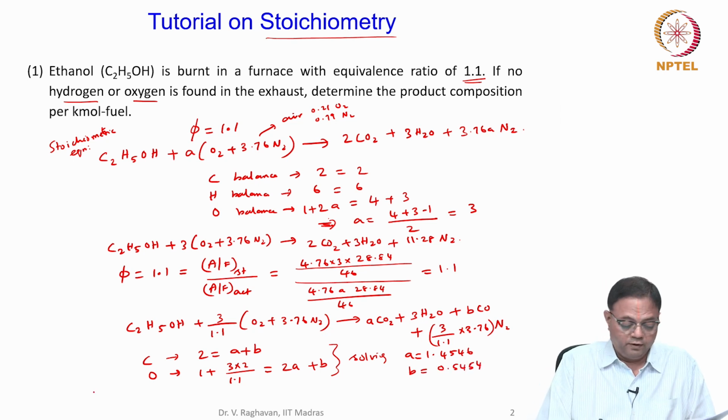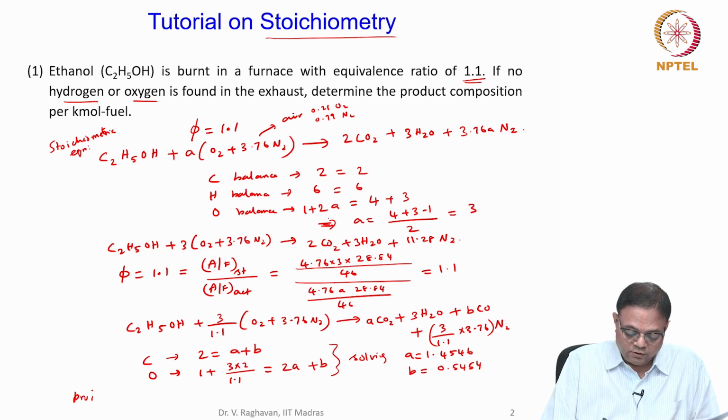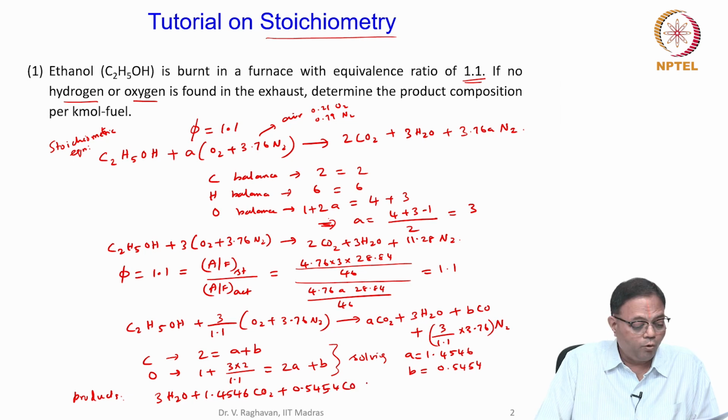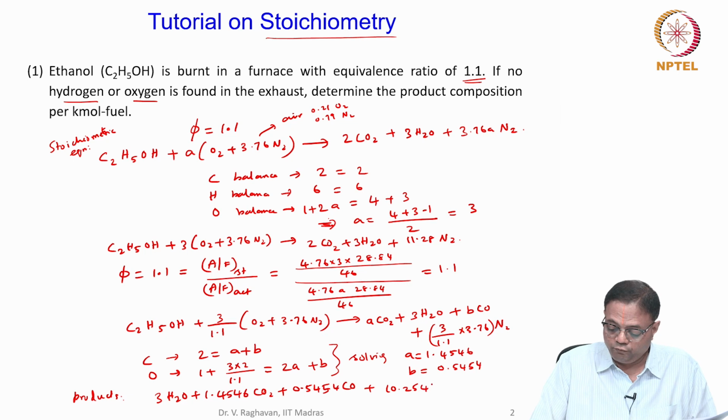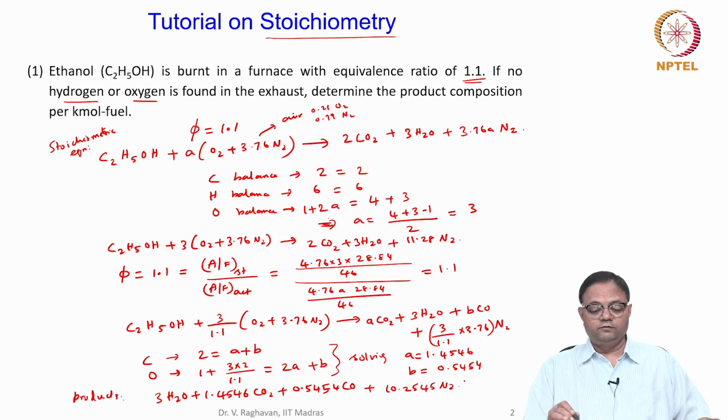0.5454. So that means the products now can be written as 3 times H2O plus 1.4546 CO2 plus 0.5454 CO plus 10.2545 N2. So that is the thing.